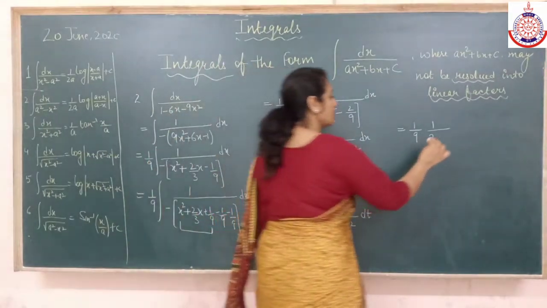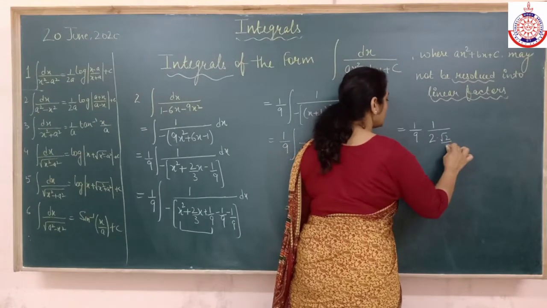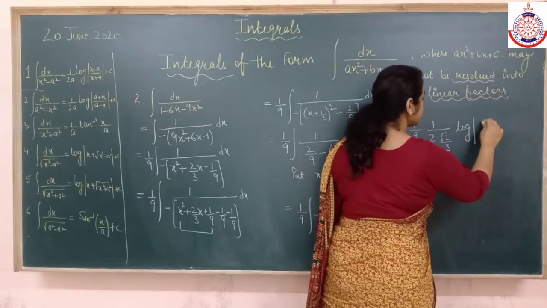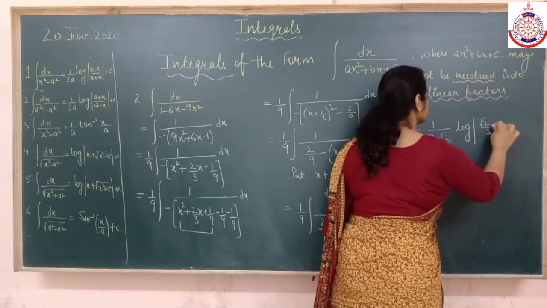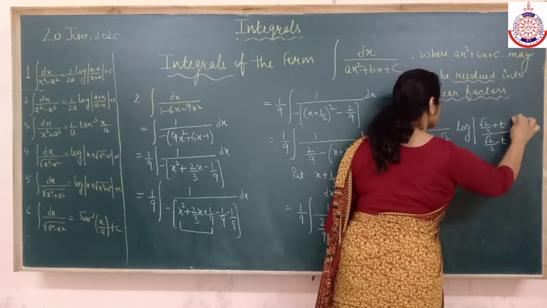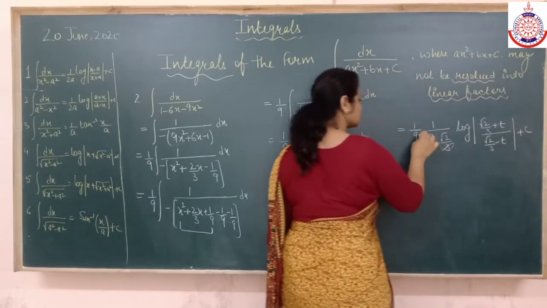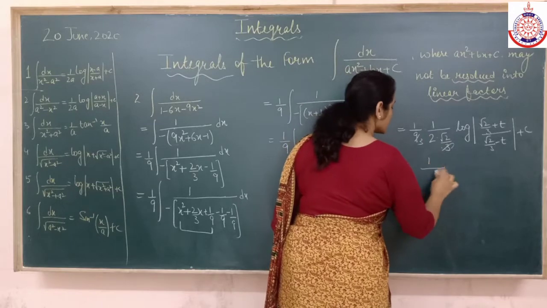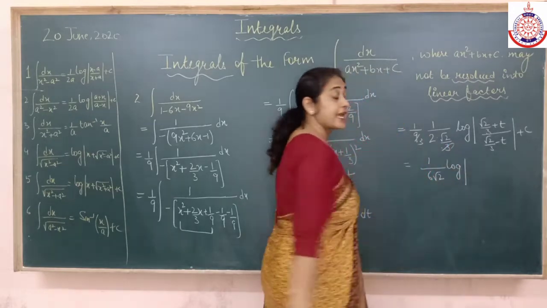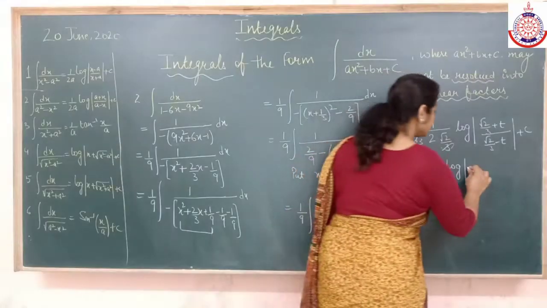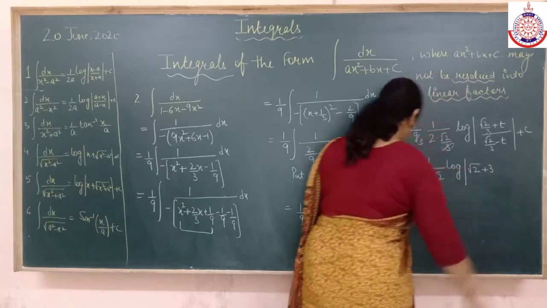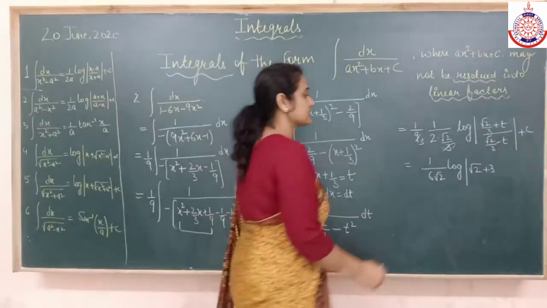So a will be root 2 by 3 log of a plus x upon, so 1 by 6 root 2. Root 2 you want to take up, you can take LCM and put the value of t. What is t? X.